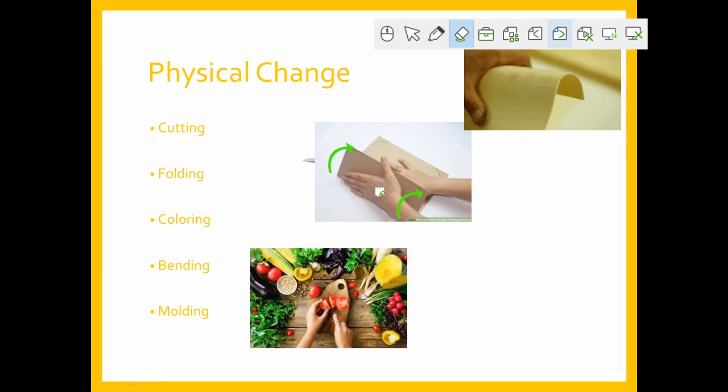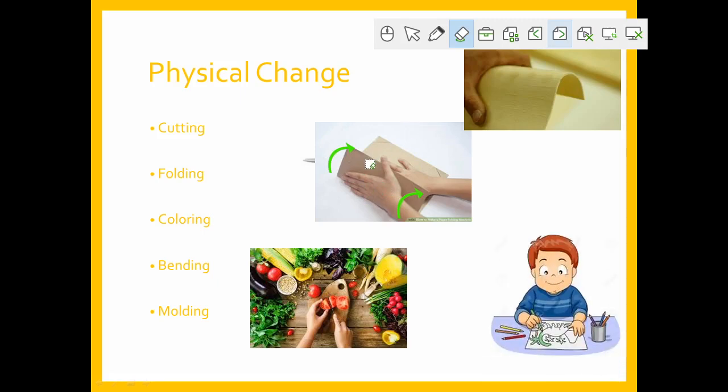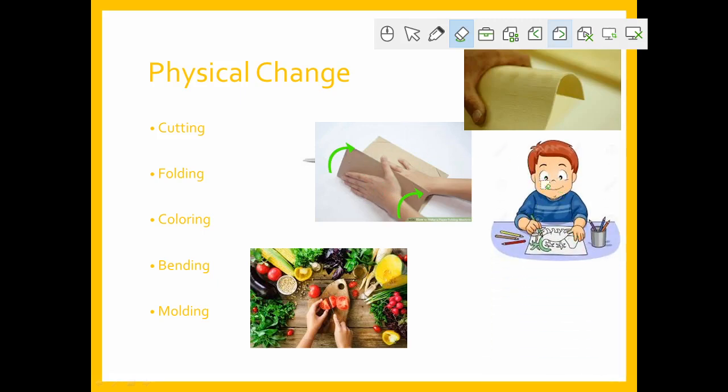Folding, look, he's folding the paper. Look at this boy, he's coloring the paper. Bending, look, he's bending. This matter is bendable.